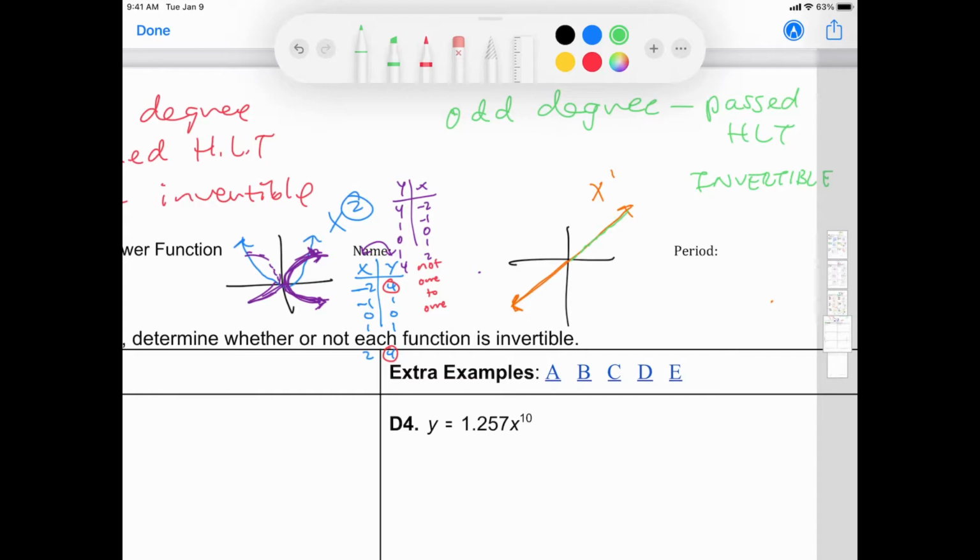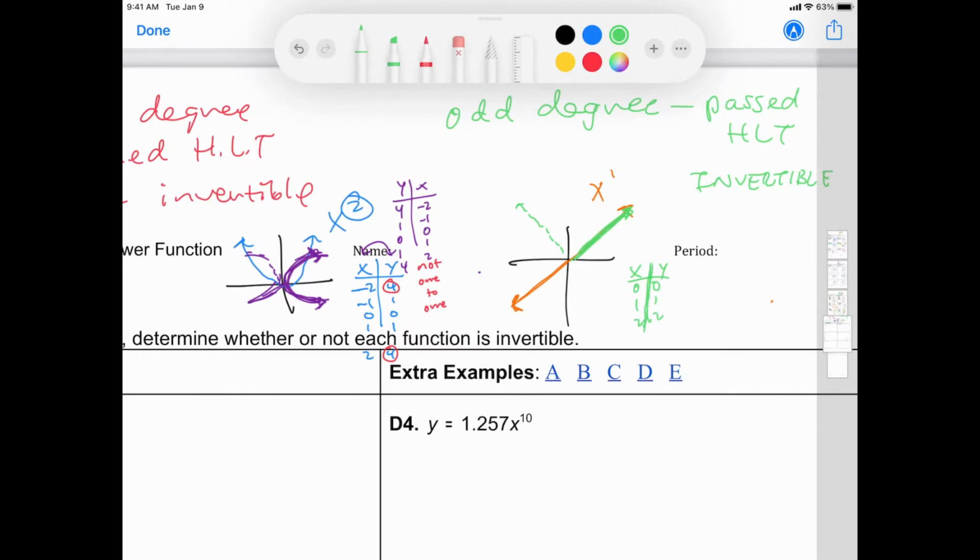If I rotate it 90 degrees to the left, it's going to look like this. And then if I reflect over the y-axis, that happens because inverses reflect over y equals x. And you can see this in the coordinates 0, 0, 1, 1, 2, 2.